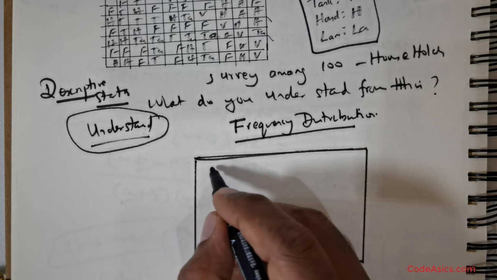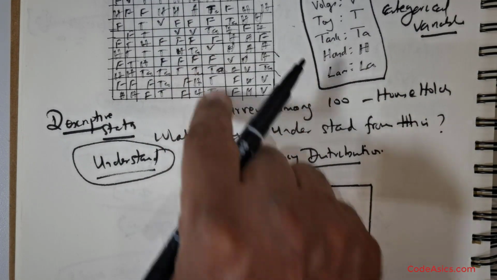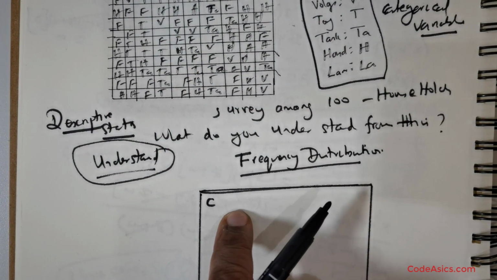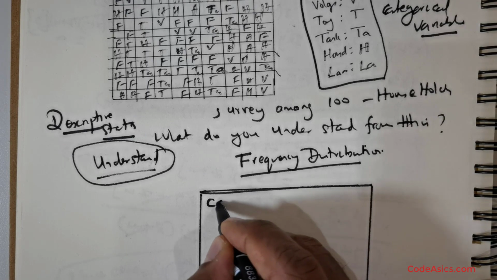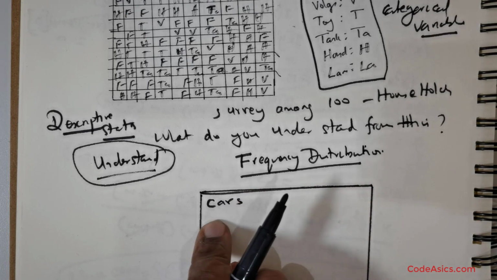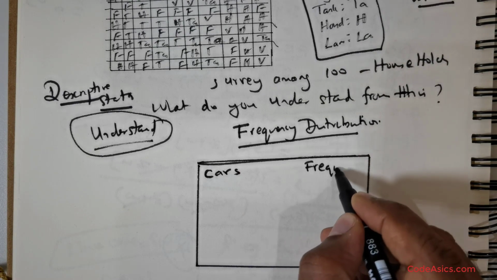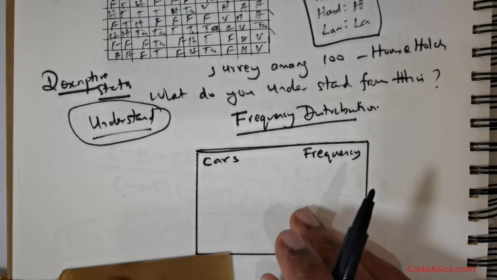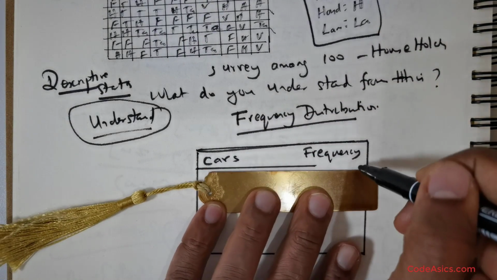What we need to do first is represent this data which you see here by transferring it into this table. For that we need two headings: cars and frequency.